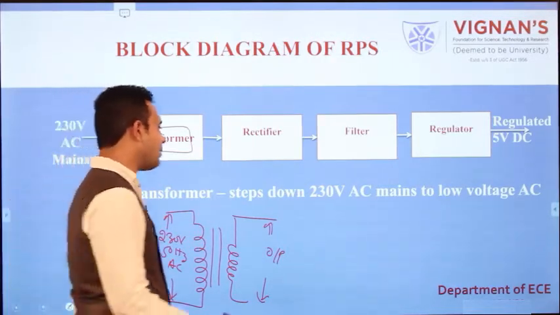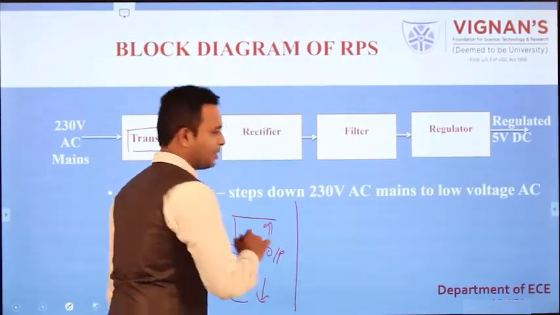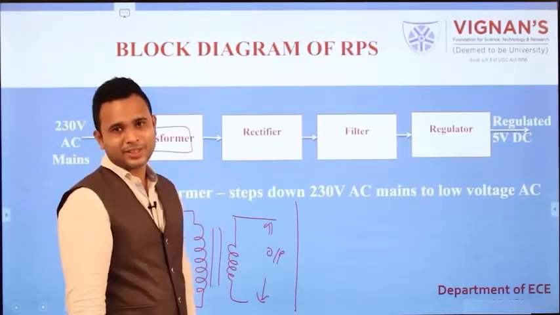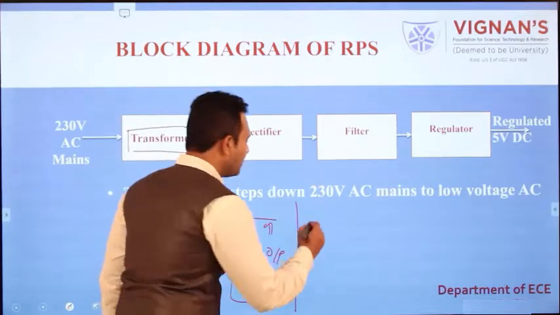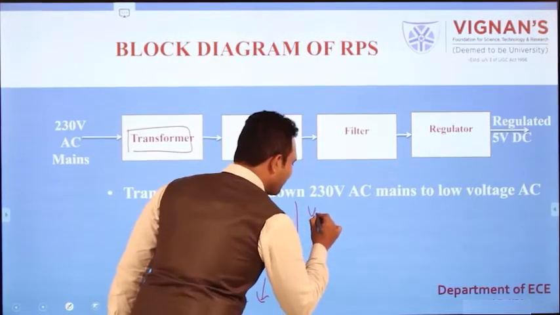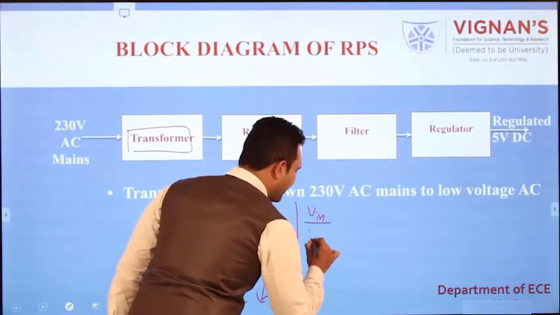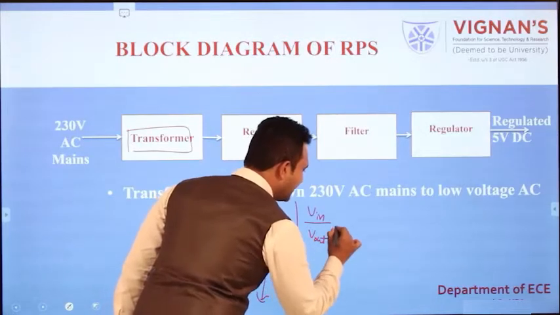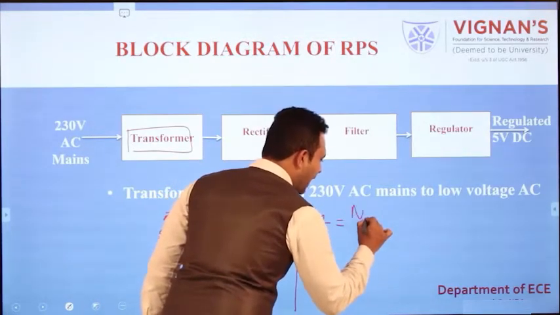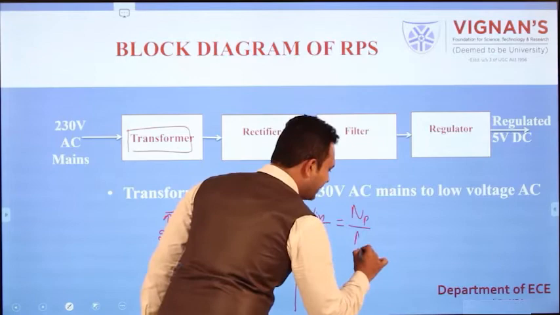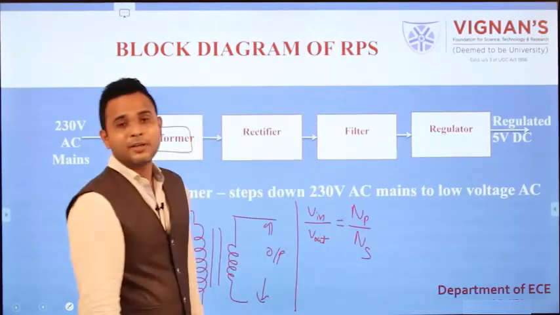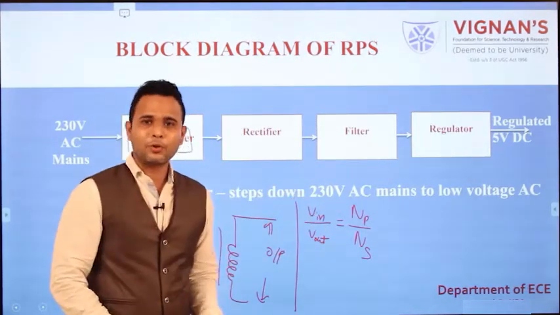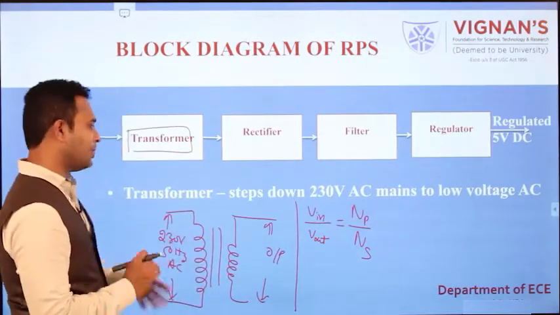For this we have one relationship. So what is that relationship? V input divided by V output is equal to NP by NS. V input means the input voltage of the transformer, that is 230 volts.